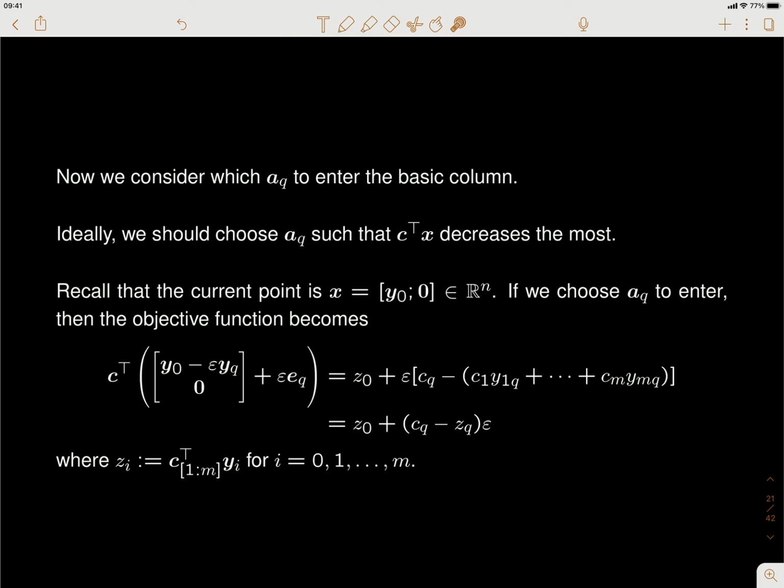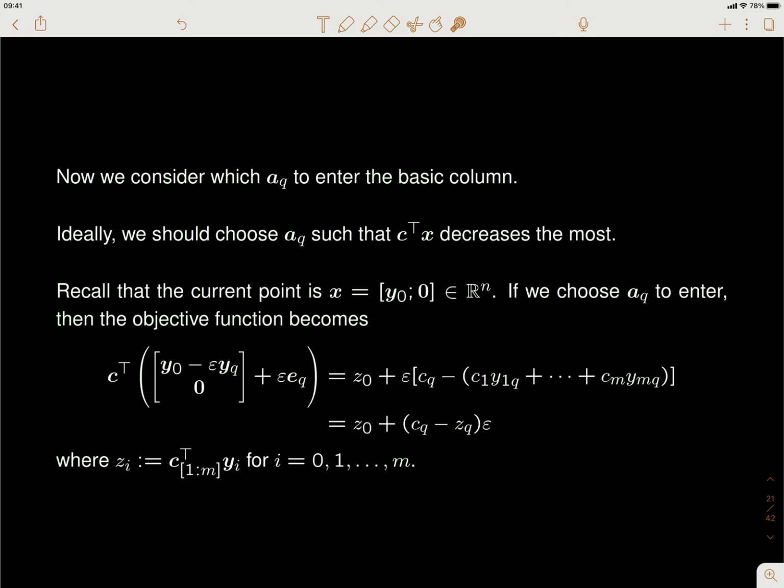In other words, if we choose AQ as a new basic column, then we're moving from one vertex, which we had at the beginning of this iteration, to the next vertex, and we hope to move to the vertex that has a smaller function value. So that's the purpose. The AQ should be chosen by keeping this in mind. So now let's see which AQ we should choose to decrease the function value.